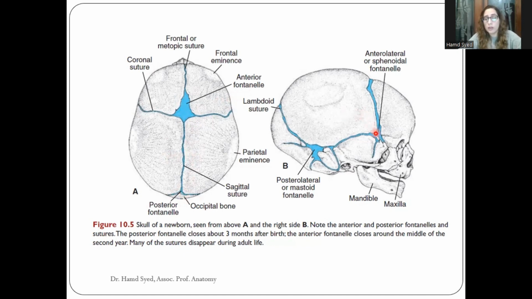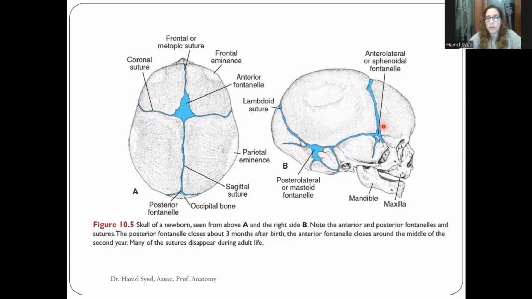There are a total of 6 fontanelles, because on the lateral aspect of the skull, you can also see the anterolateral or sphenoidal fontanelle. This is the one present between the frontal, parietal, and the sphenoid bone over here. Similarly, you've got the posterolateral or mastoid fontanelle, which is present between the parietal, occipital, and temporal bones.